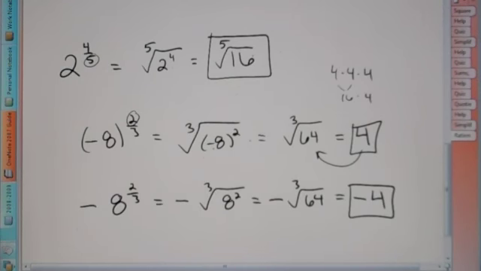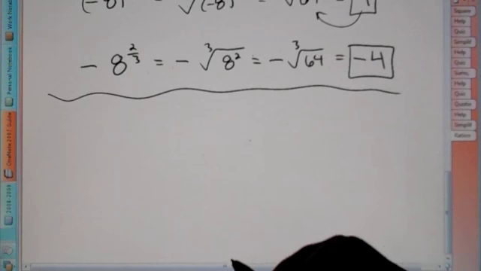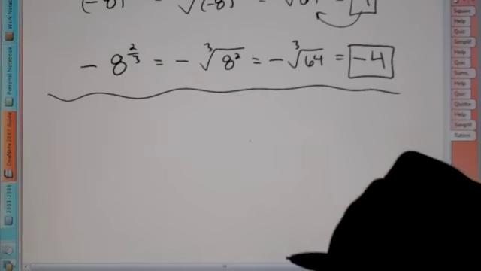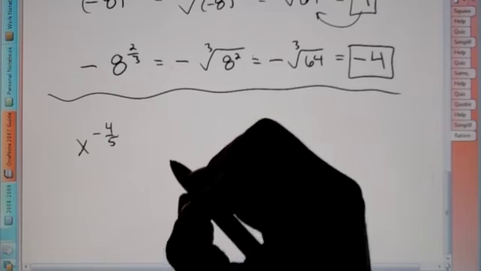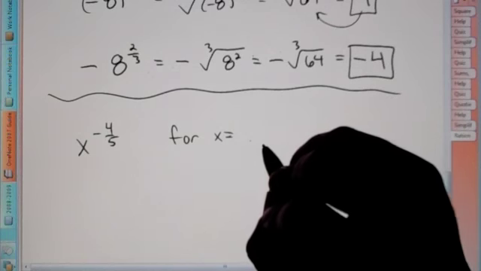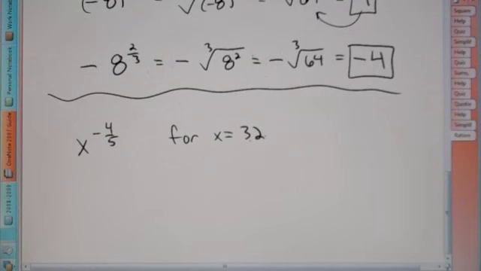Alright, so let's do just 2 more problems, and we will be done. So we're going to find specific values for each of the expressions. So if I were to write down x to the negative 4/5, and I want to know what does that equal if x is equal to 32.